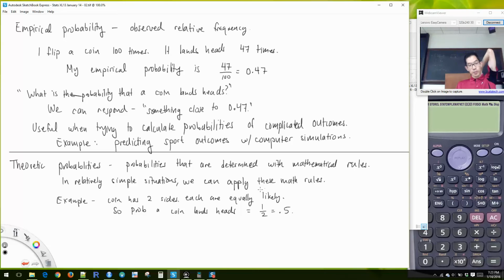Okay, and we have what we call the law of large numbers, which basically states that the more times we simulate something, or the more times we actually flip the coin or carry out these trials, our empirical probability will get closer and closer to the theoretic probability. Or we can expect the empirical probability to approach the theoretic probability.